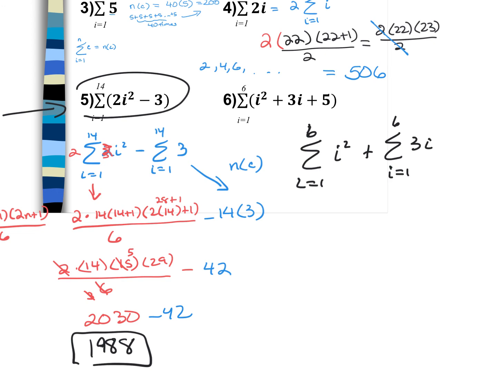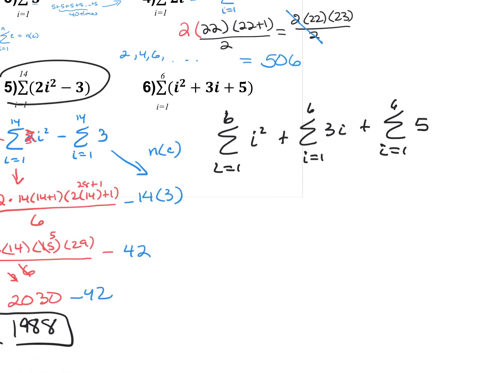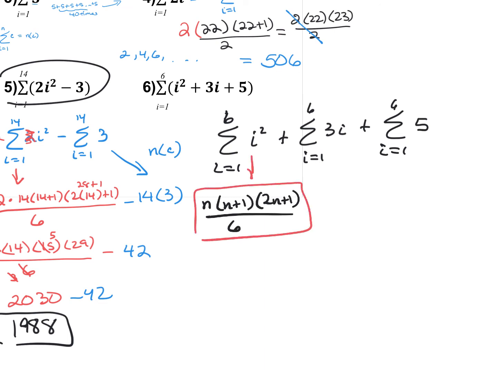Then I'm going to do it for the last term. Now, for the first one, I'm going to be using the i squared rule, which is n times n plus 1 times 2n plus 1 divided by 6. That's what I'm using for this one.